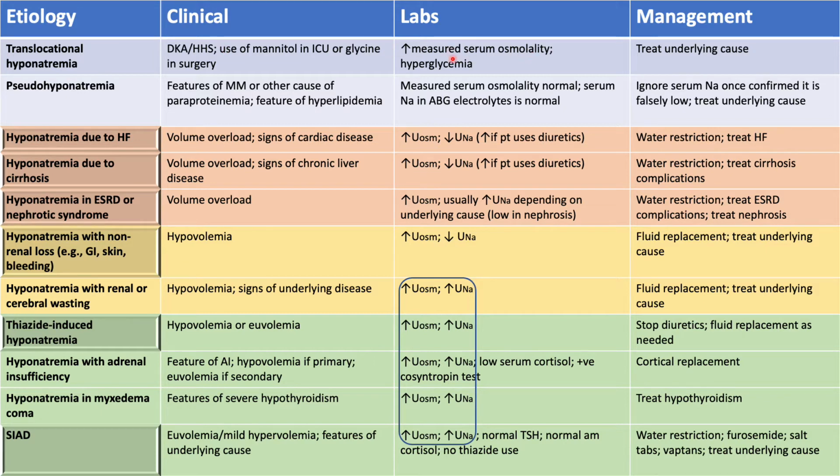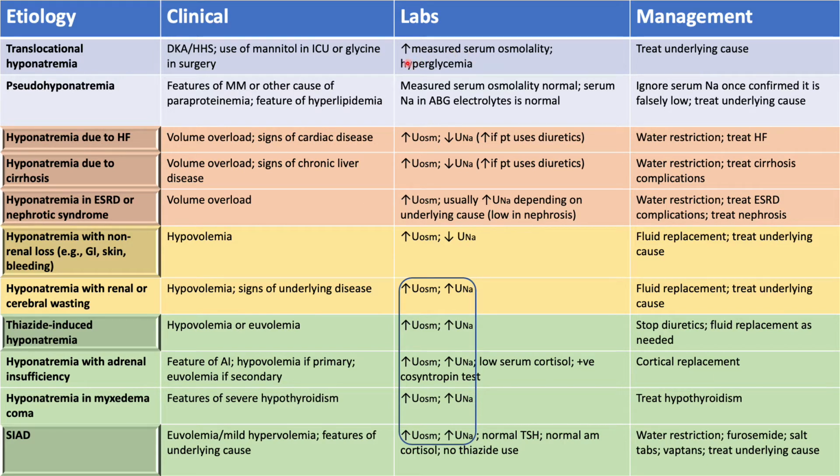In these patients, the measured serum osmolality will be increased instead of being low. We mentioned that with most causes of hyponatremia, if it's true hyponatremia, the measured serum osmolality should be low. It should be high in this case.